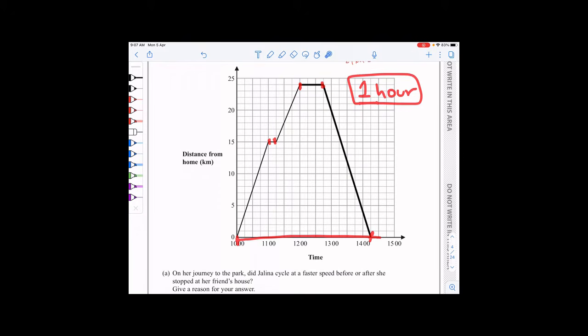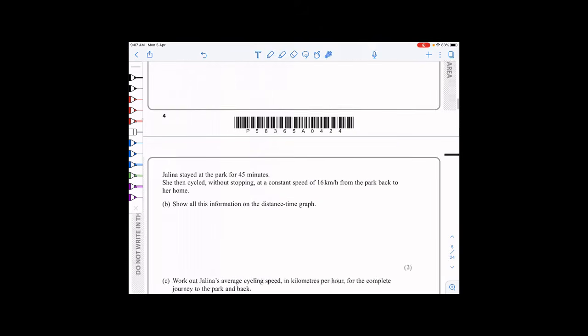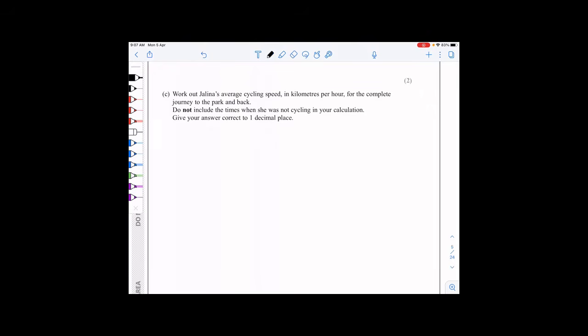Now from 10 to 14:15, it's 4 hours and 15 minutes, 4 hours and a quarter. If you take out that hour, it's gonna be 3 hours and 15 minutes. So the time is 3.25 hours.